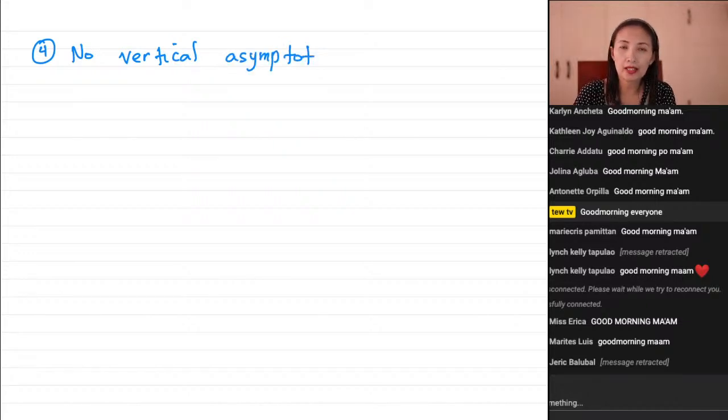Vertical asymptote for a rational function is the zero of the denominator. And since this is a polynomial, it is continuous, no gaps, no breaks in between, there is no horizontal or vertical asymptote, both. No horizontal, no vertical asymptote.